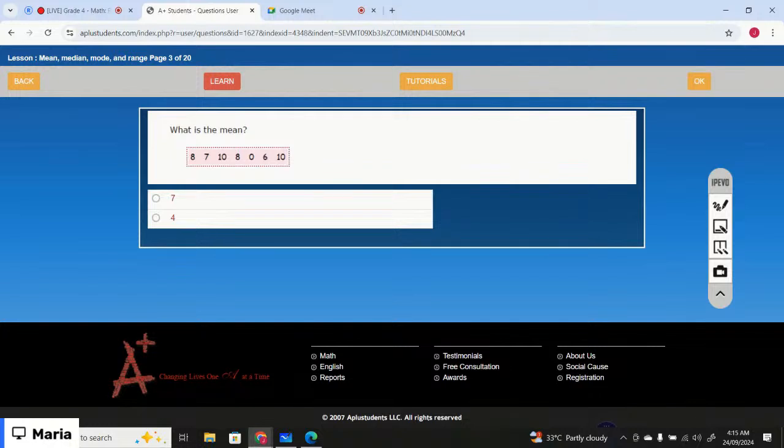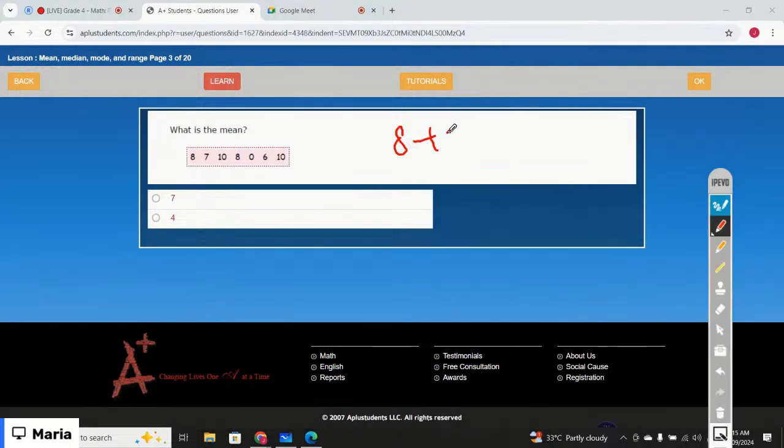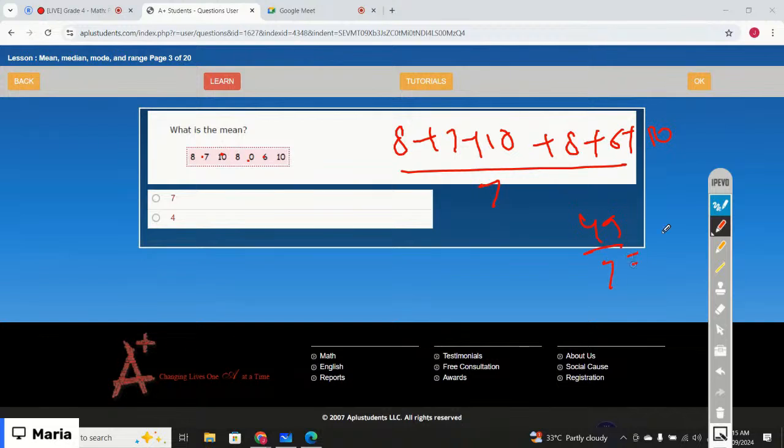What is the mean? For the mean, you need to add them all: 8 plus 7 plus 10 plus 8 plus 6 plus 10, and divide by the number of values in the given data. 1, 2, 3, 4, 5, 6, 7. You have 7 values, right? The sum is 15 and 20, 35 and 14, 49. And 49 over 7 is 7.